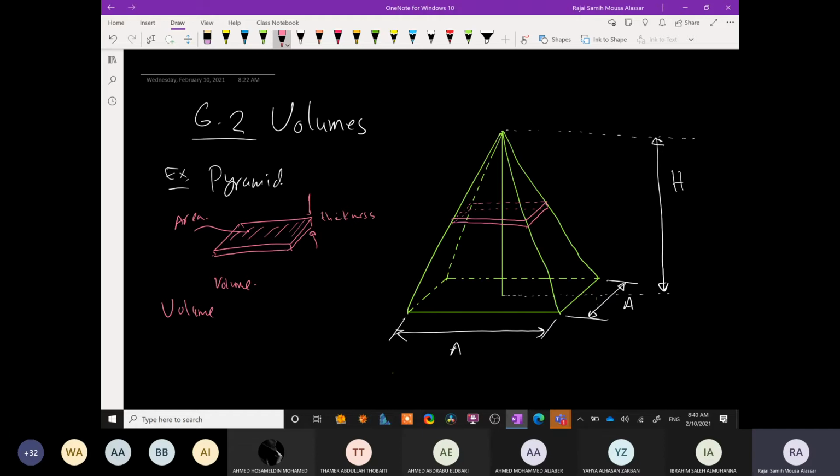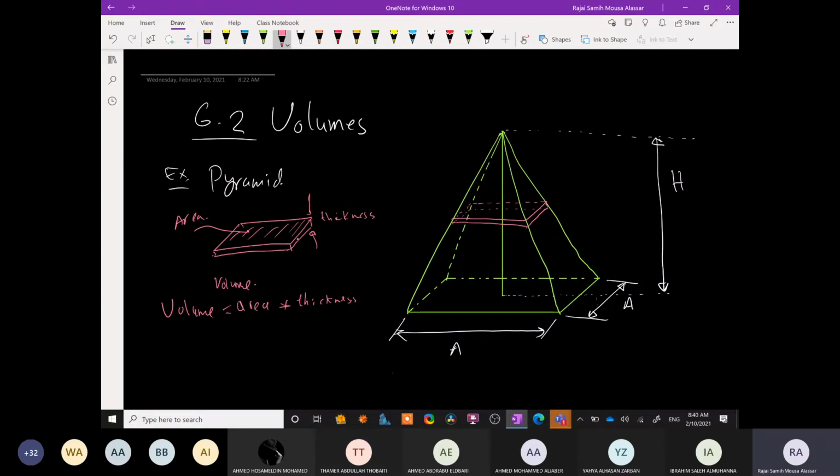The paper that you write on is just as thin as that. So the top area and the bottom area are going to be almost the same. So there's no big difference, yes? So the volume is nothing but the area multiplied by the thickness. Do you agree with me, Asham? Yes or no? Yes.